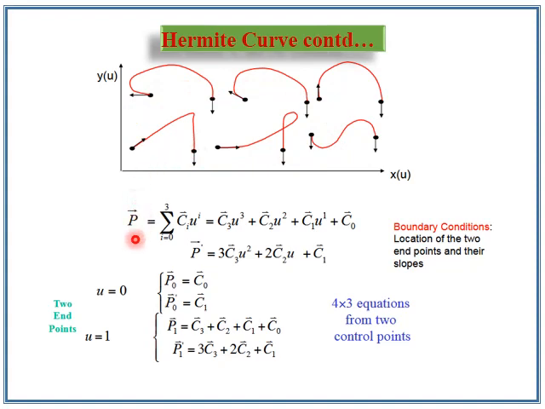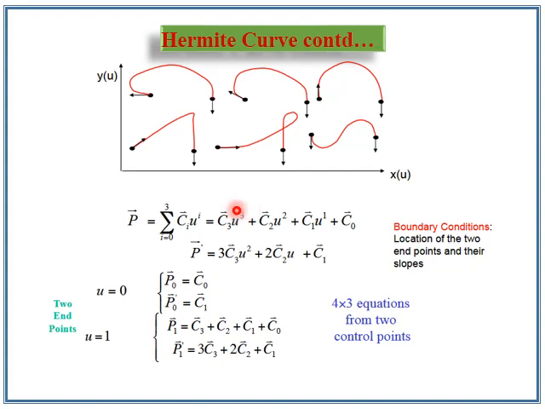As I said already, in the cubic polynomial equation there will be 4 coefficients, and it can be differentiated to P dash. If we differentiate this equation, then P becomes P dash, and the equation becomes C3 u power 3 differentiated. While differentiating, as we know, d by dx of x power n leads to n x power n minus 1.